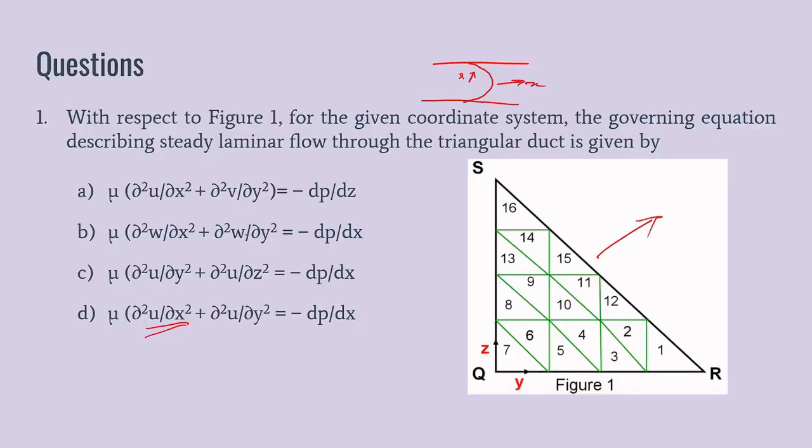Likewise here, it is only varying in the cross section, that is in the zy plane. So only the y and z components will exist. Dou u by dou x on the LHS, as well as dou square u by dou x square on the RHS, becomes 0. That's why the answer is option C.